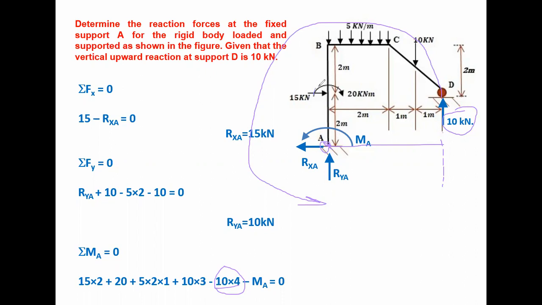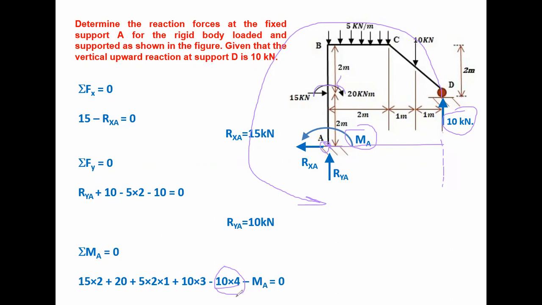Already we have taken the moment of 20 kilonewton. MA is left. If you want to take this MA into account, just find its direction. It is producing an anti-clockwise moment, so take a minus sign and put MA directly.